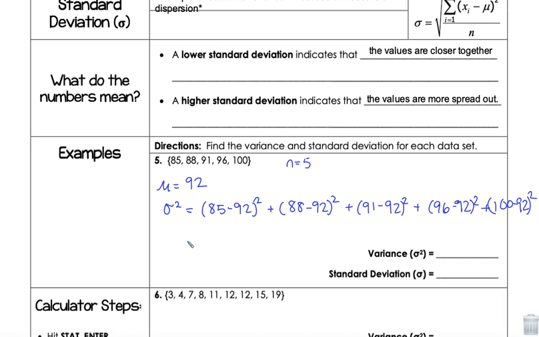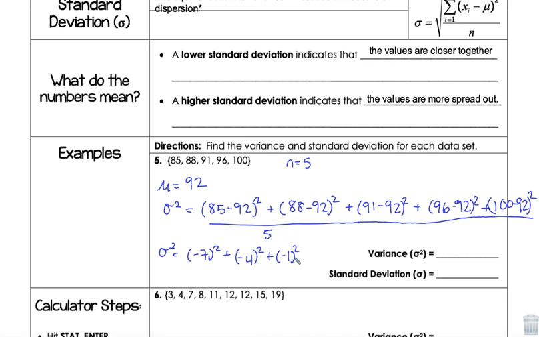So all of that is being divided by n, which is 5. And when I simplify, I get negative 7 squared, negative 4, negative 1, 4, and 8. Again, all of that is still divided by 5.